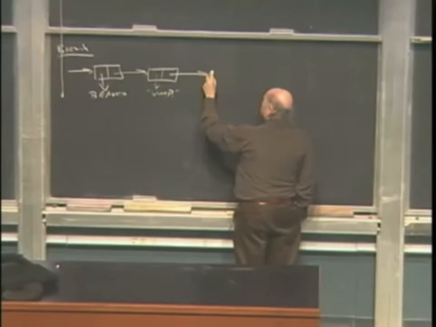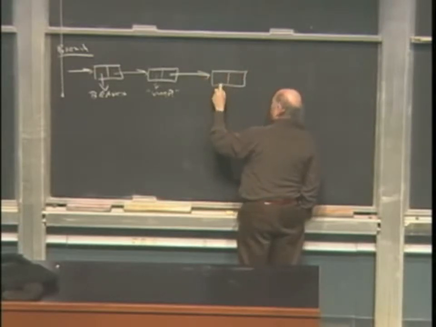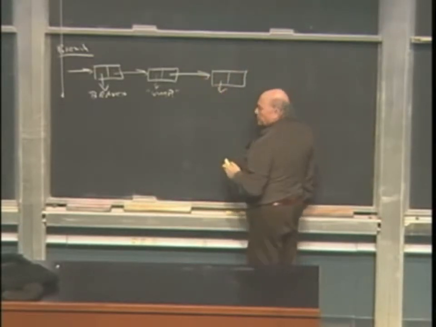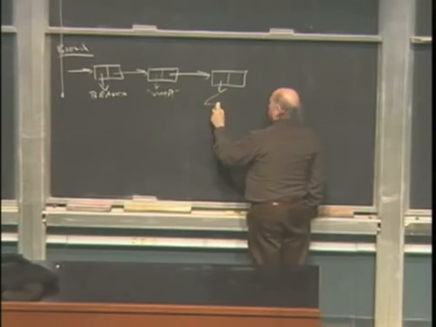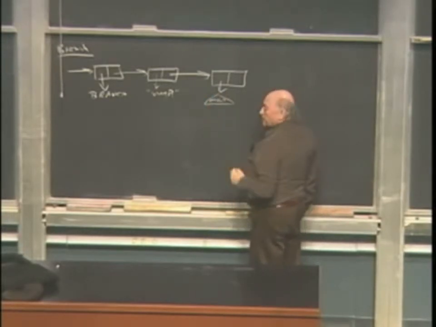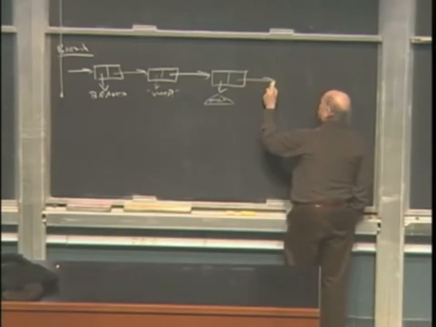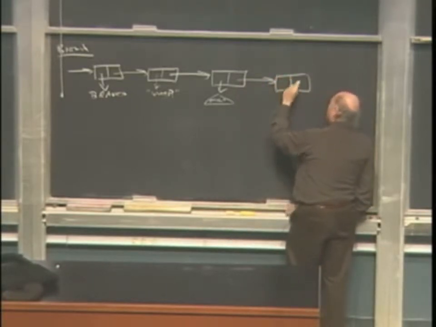And then a yes branch, which is going to be parrot, and a no branch, which is going to be rabbit.